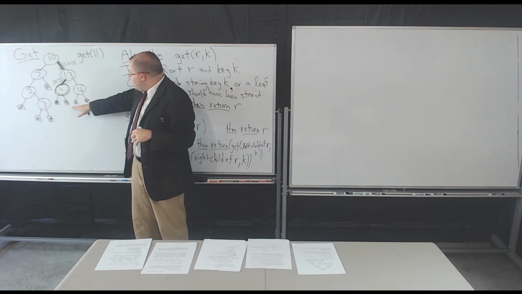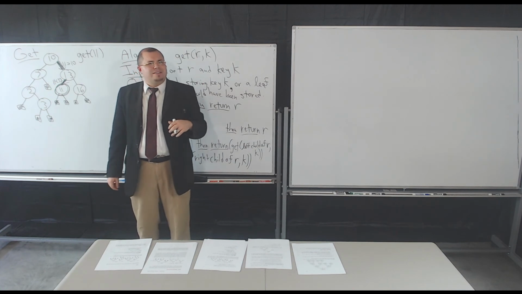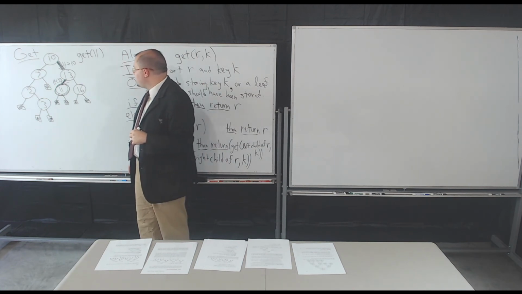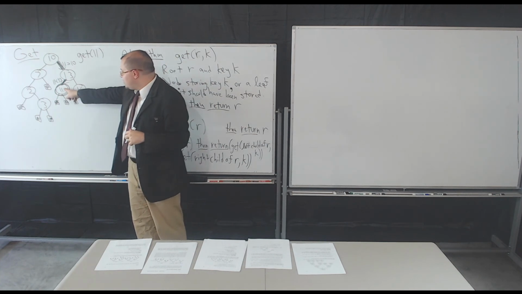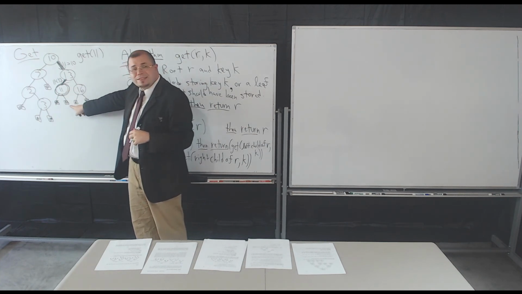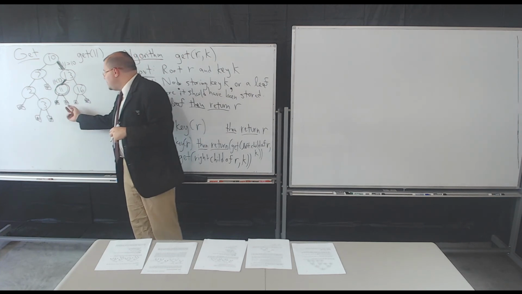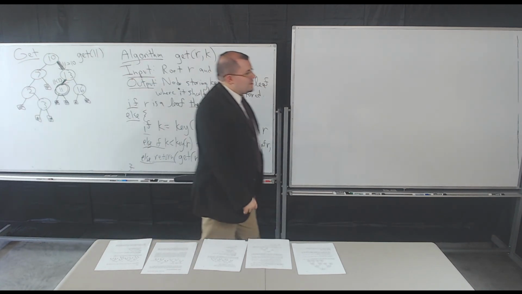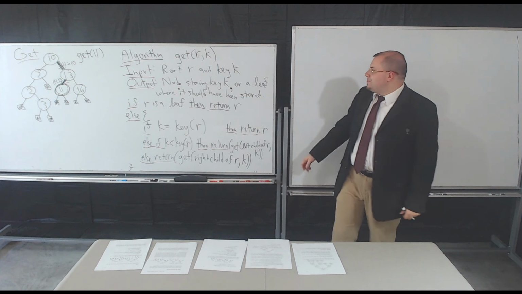Okay? What happens if I don't find it? Where do I go? Imagine if I tried getting 12. What would happen? It would not stop here. Instead, it would go down to one of its leaf nodes, and it would return the leaf node itself. So that's when we know we don't have a match, right? So, very simple.